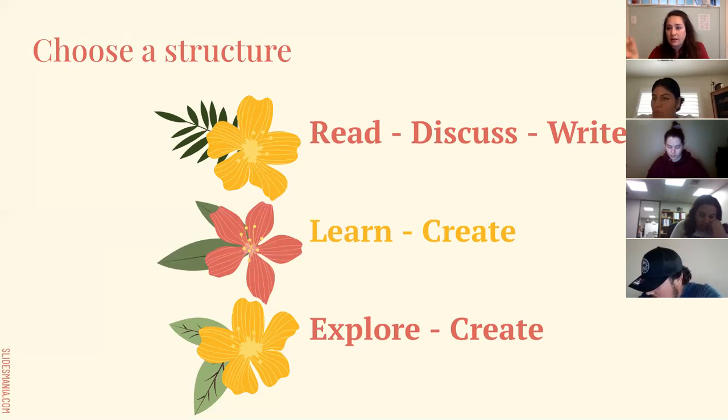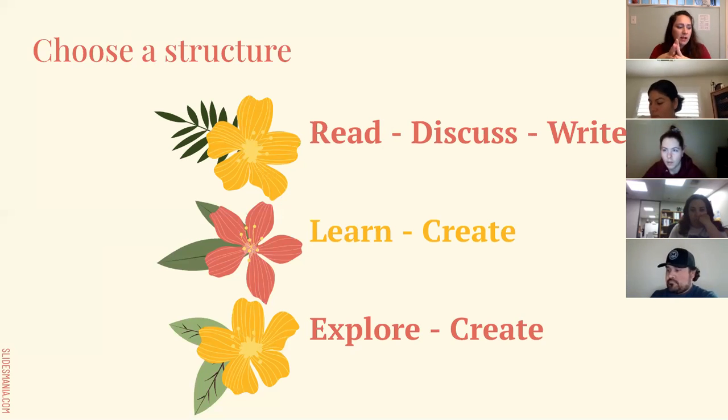Another one is learn and then create, or explore and create. Again, it doesn't have to be these three per se, but I do want it to be multi-step. So they should be doing one thing and then doing something else. Learn and apply, explore and apply.